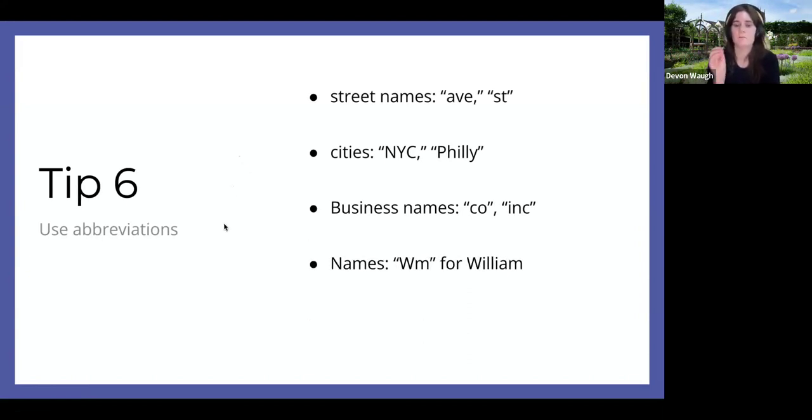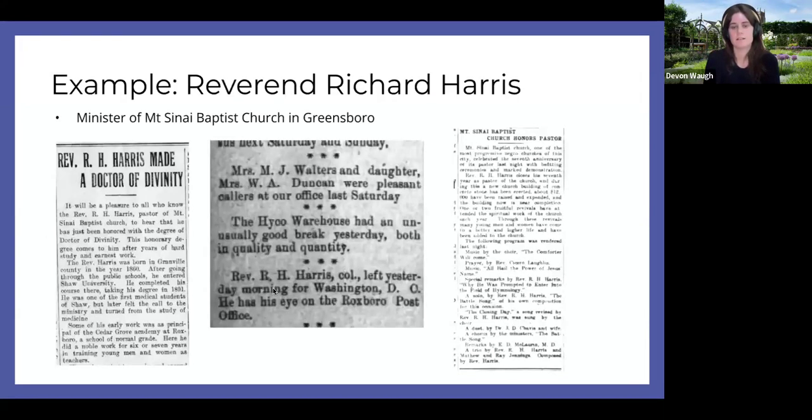So WM for William, JOS for Joseph. You might even see in certain examples the first and middle name just being initials. And you'll see that in just a sec with this case study, as well as military titles. So Reverend Richard Harris in these newspapers is listed as Rev R.H. Harris. Took me a couple of searches to find that out.